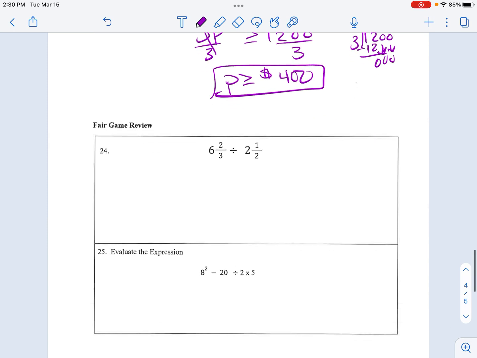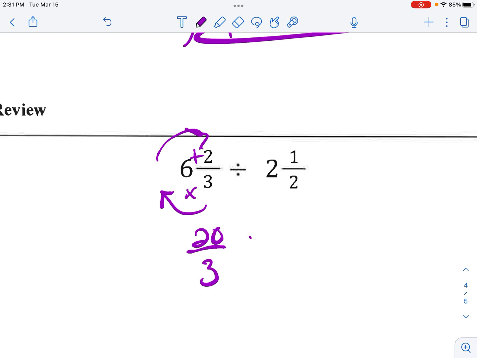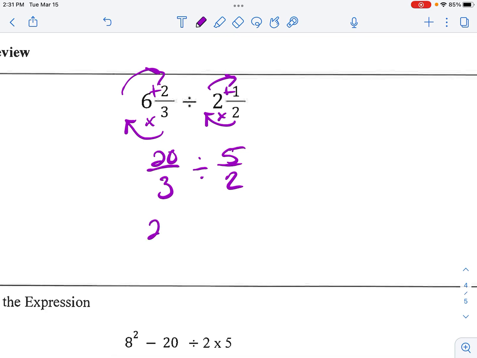And then the fair game review. We've got 2 review problems. Remember, when you're multiplying or dividing with mixed numbers, you have to change them into improper fractions first. So 20 thirds. 2 times 2 is 4 plus 1 is 5 halves. And then remember the rule for dividing fractions, we multiply by the reciprocal, or keep it, switch it, flip it.